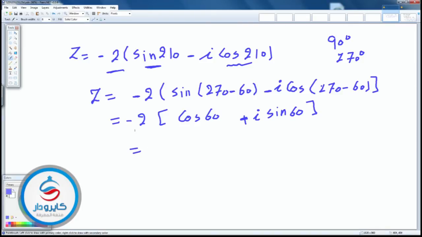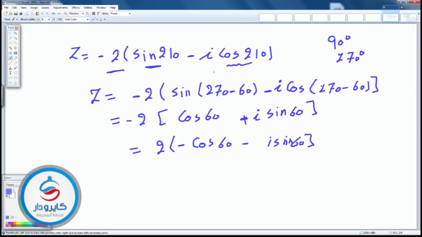So move negative inside the bracket, it will be 2 negative cosine 60 minus i sine 60.